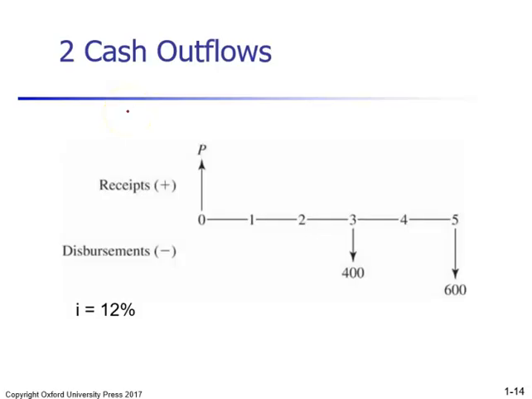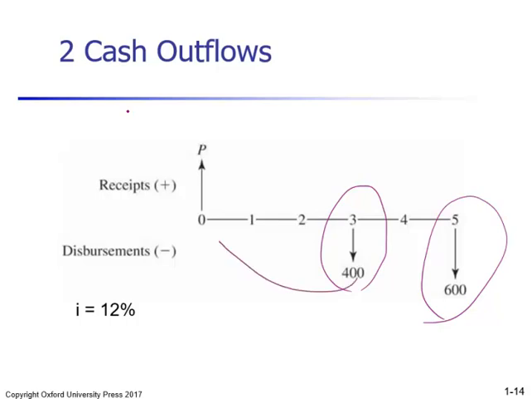Okay, now the answer for this. How are we gonna do that? The good news is this: all the payments are summable. So what does it mean? It means that you are gonna calculate the present value of 400 for 3 years before, and the present value of 600 for the interest rate of 12% for 5 years ago.